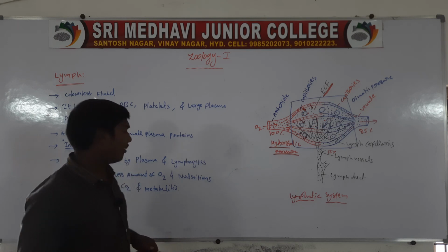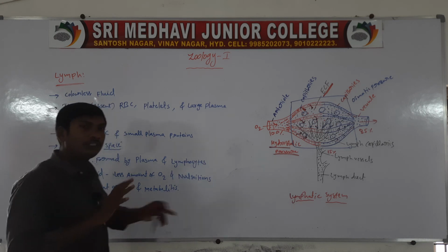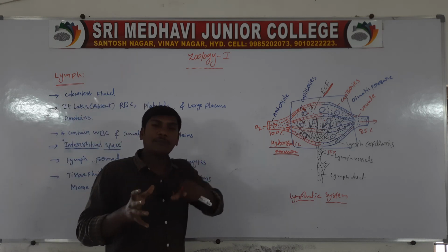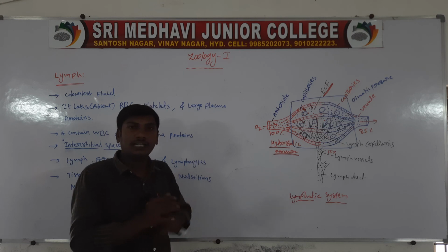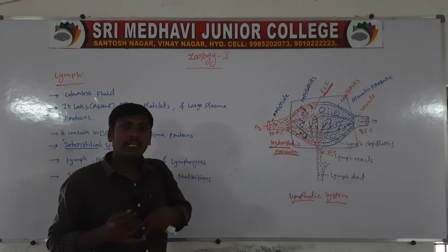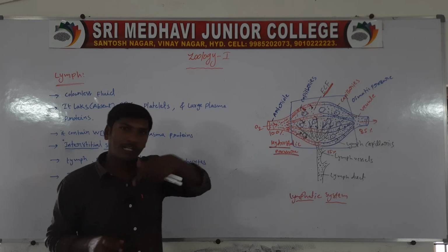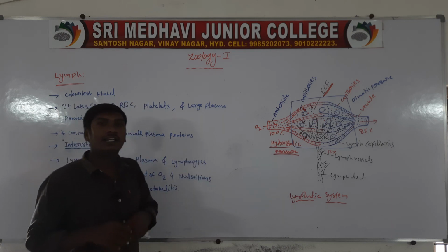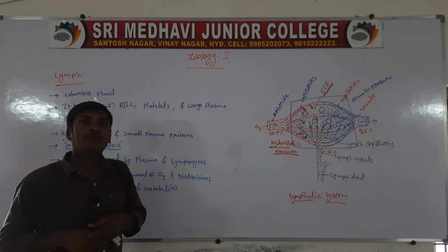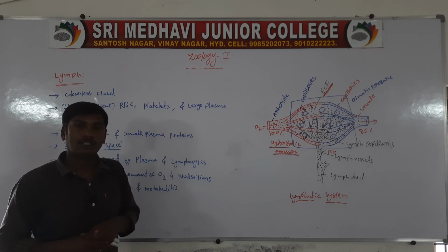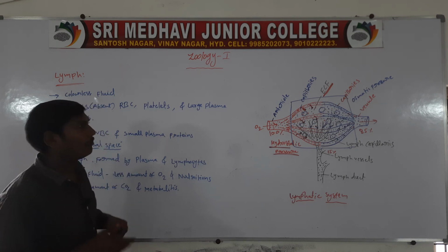Next, comparing the lymph to the tissue fluid, the lymph has a small amount of oxygen and a small amount of nutrients. It has a larger amount of carbon dioxide and metabolites.